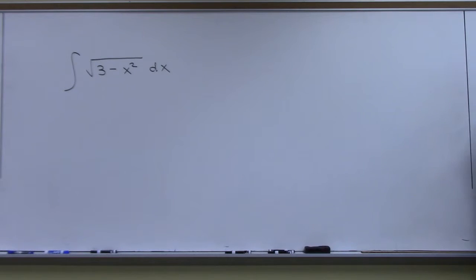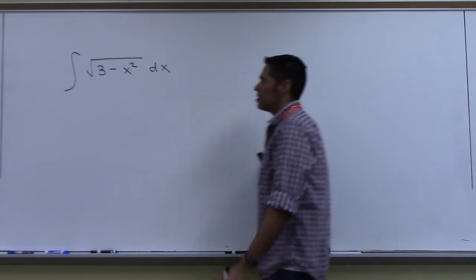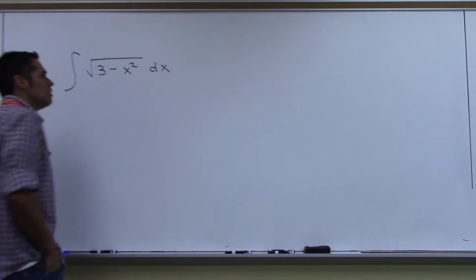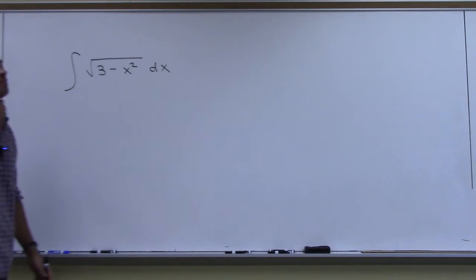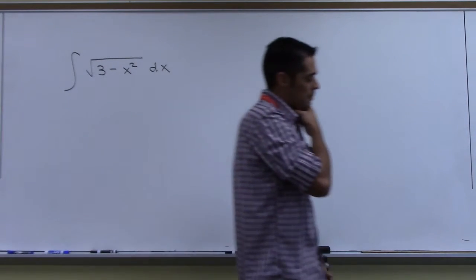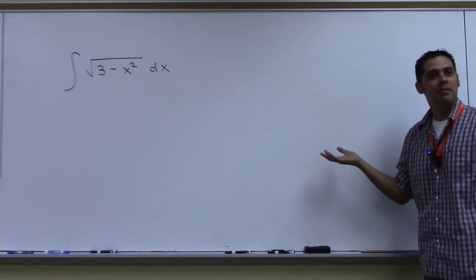All right, so you go through and you're like, okay, is this a basic substitution? Do I see something as derivative? No, I don't. Is it integration by parts? No, I don't think so. With time, you start to just get that. But it has a square root, right?